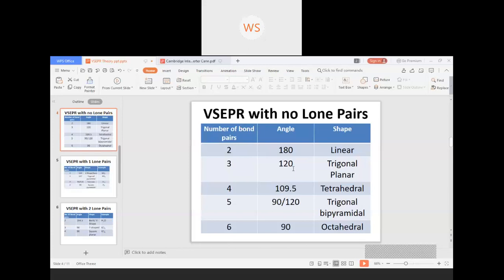A double bond occurs when an s orbital overlaps with another s orbital, and a p orbital of the same atom overlaps with a p orbital. So that makes this double bond be counted as one bond pair.